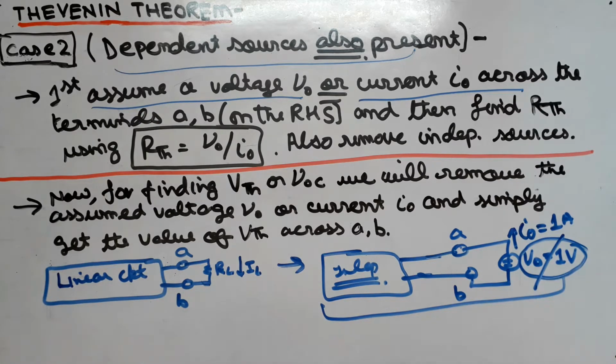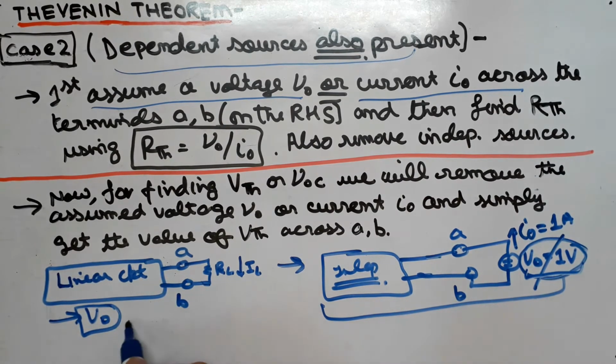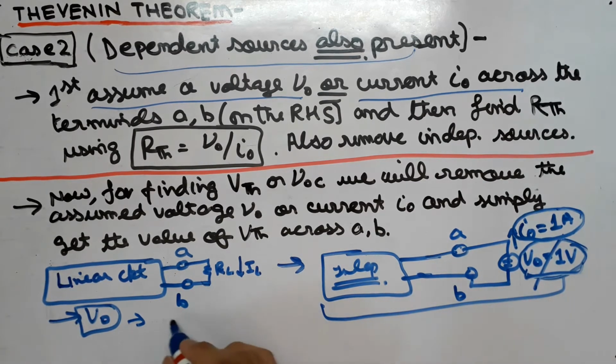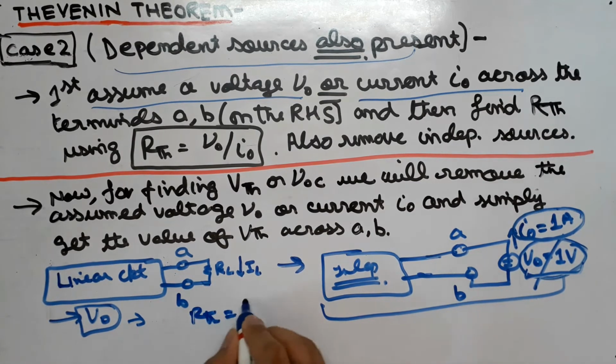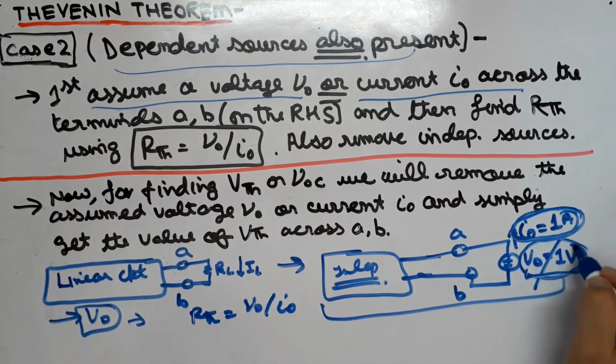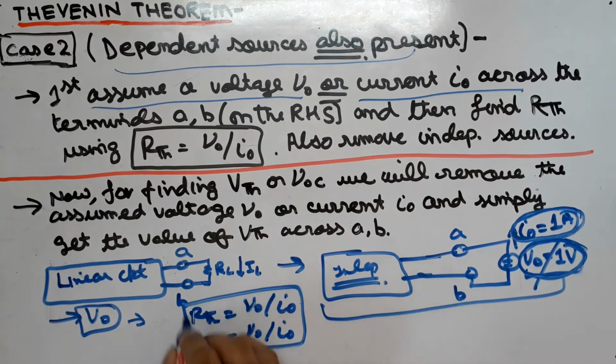The thing to keep in mind is that if you have assumed V0, then you will find the value of I0 first, and from there we will get RTH as V0 by I0. Or if you have assumed I0 first, then you will find the value of V0 first, and from there also we will get RTH by the same formula, that is V0 by I0. So finding RTH is the tricky part.